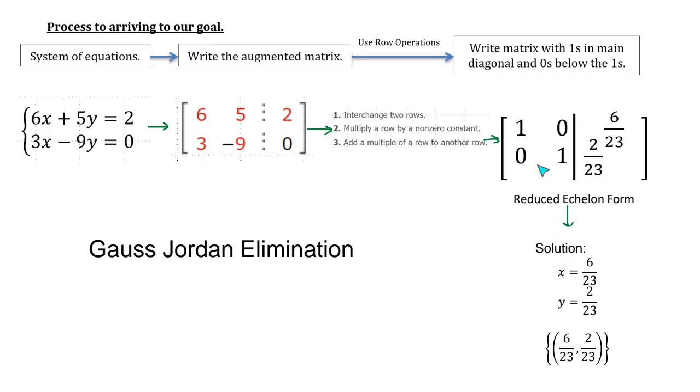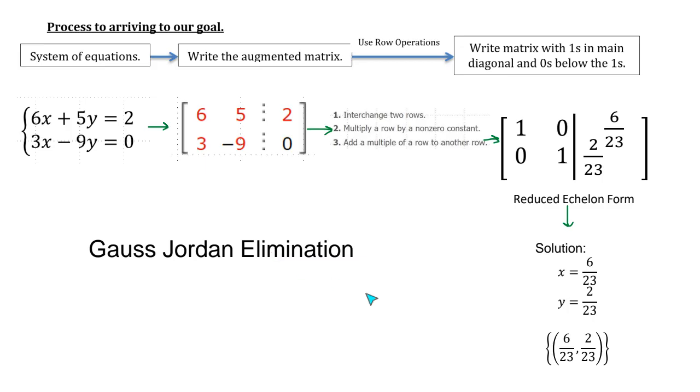So we would read it as x is equal to 6/23 and y is equal to 2/23, and that would be our solution. If we can get it to look like this one, that is called reduced echelon form, and this whole process is called Gauss-Jordan elimination.